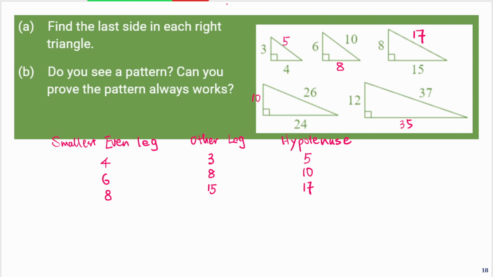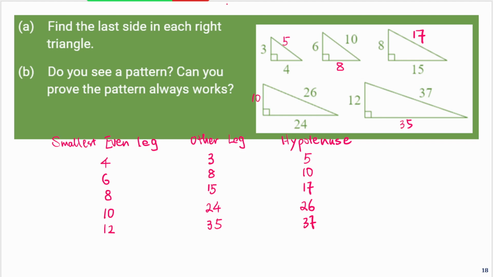In the fourth right triangle, the smallest even leg is 10, the other leg is 24, and the hypotenuse is 26. In the last right triangle, the smallest even leg is 12, the other leg is 35, and the hypotenuse is 37.